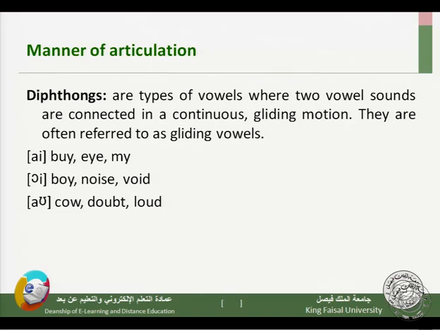We have, for example, I, oi, ow: buy, boy, cow. For the I sound, you have the examples buy, I, my. For the oi sound, which is o and e together, we have, for example, boy, noise. For the ow sound, we have cow, doubt, loud.